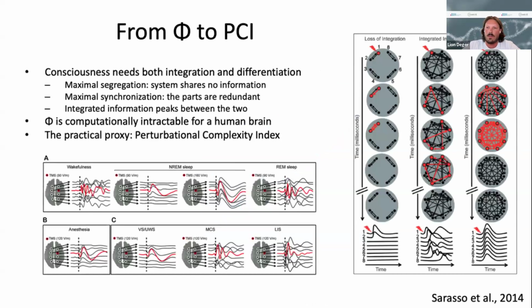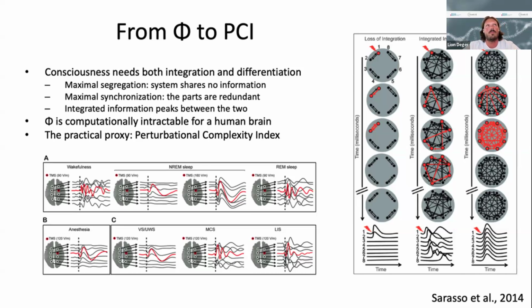So one prominent and also quite elegant one that I chose here is derived from the integrated information theory that Valery told you about earlier. The main takeaway of IIT, the guiding principle, is that consciousness needs a balance of two things, right? Integration and differentiation, if you want.